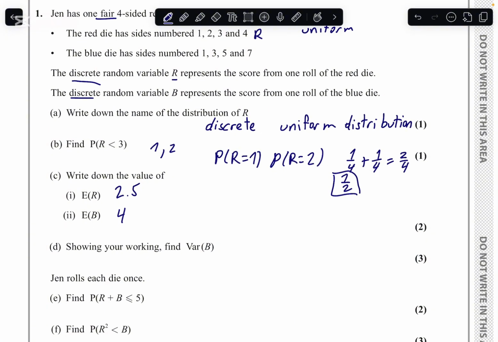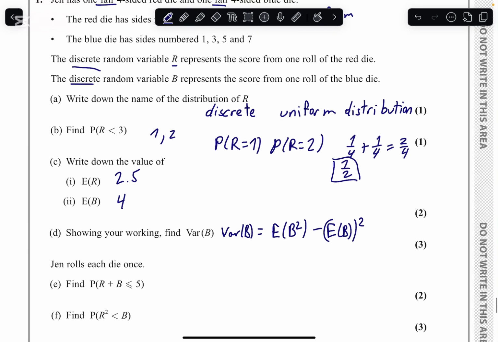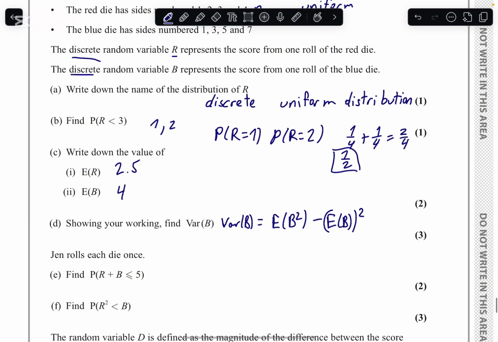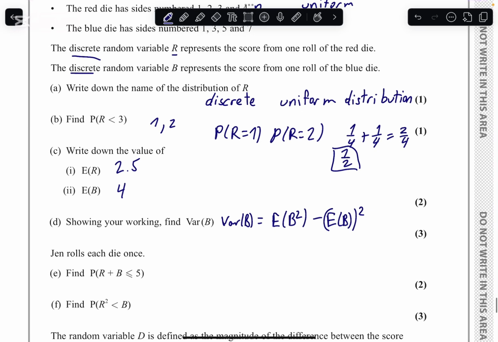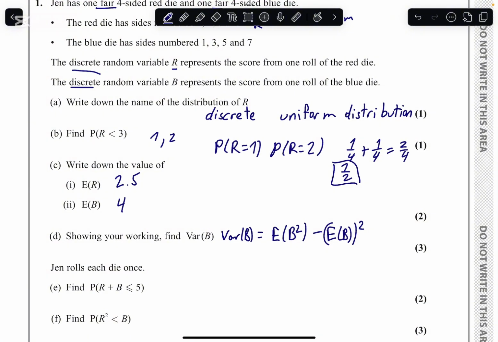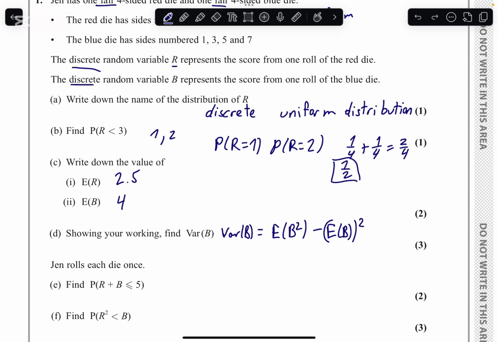Now, showing our working, we need to find the variance of B. We know that the variance is equal to the expected value of B squared minus the expected value of B, all squared. We know the expected value of B is 4. We just need to find the expected value of B squared. So we multiply the number on the die squared times the probability.